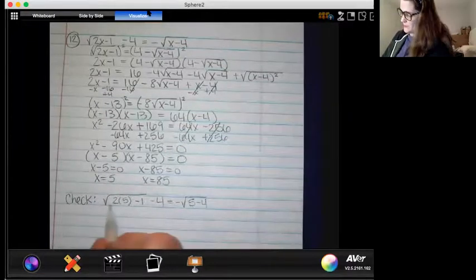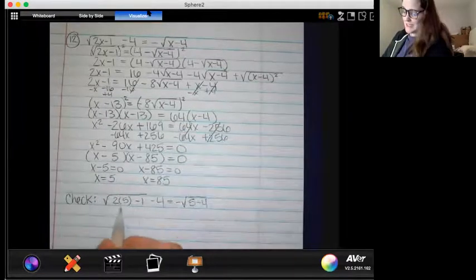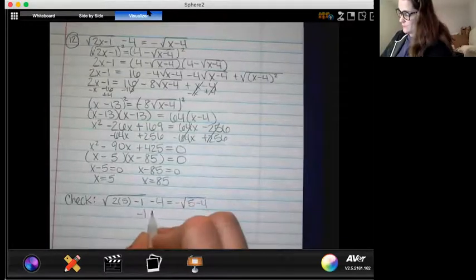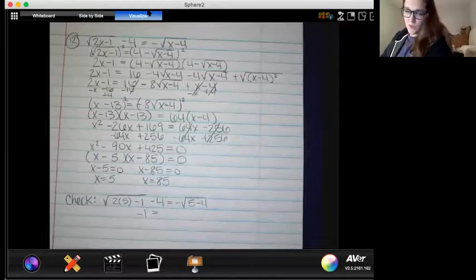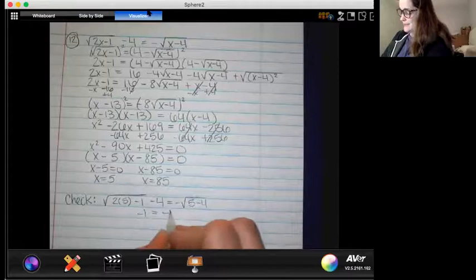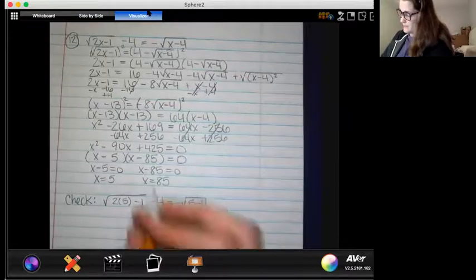All right. 2 times 5 is 10. 10 minus 1 is 9. Square root of 9 is 3. 3 minus 4 is -1. 5 minus 4 is 1. Square root of 1 is 1. Times the -1. That works.